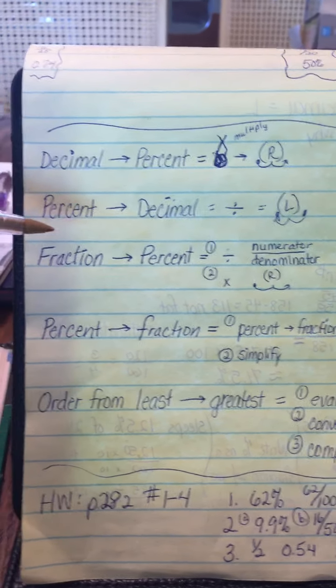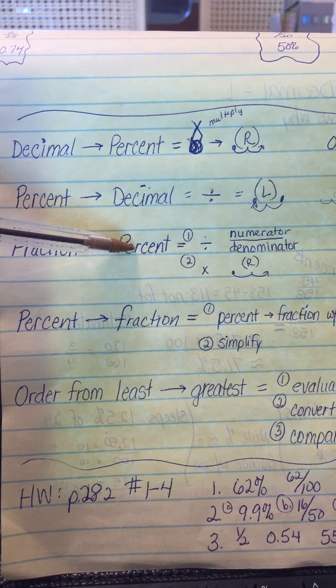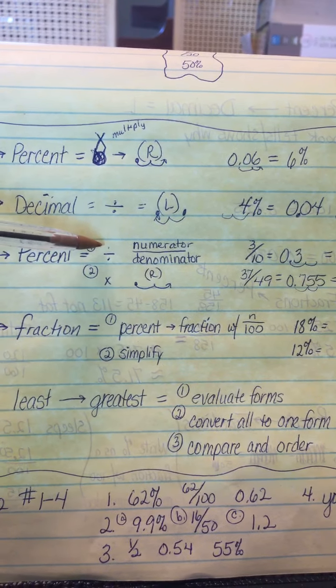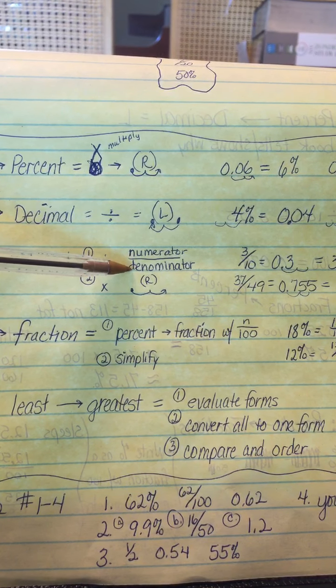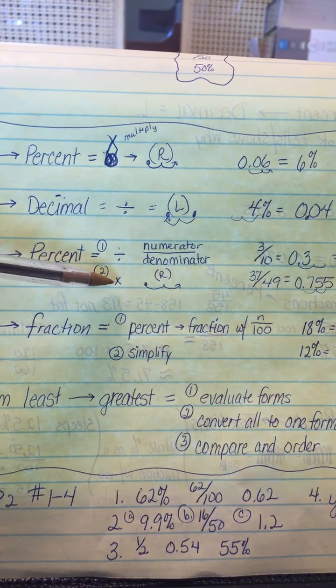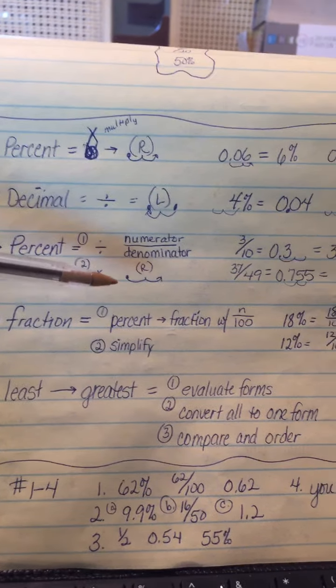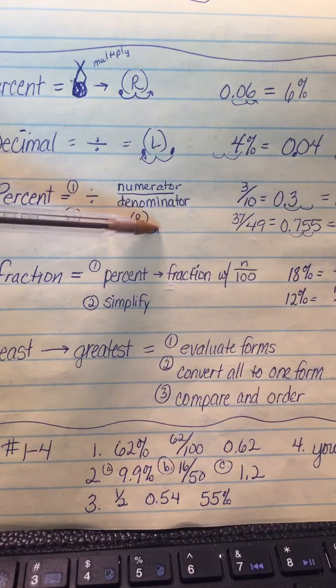Okay? If you start with a fraction and you're going to a percent, you're going to divide your numerator by your denominator. That's step 1. Step 2, you're going to multiply, or again, move your decimal point 2 places to the right.